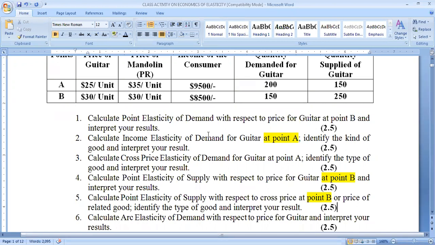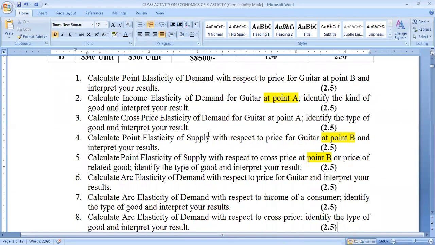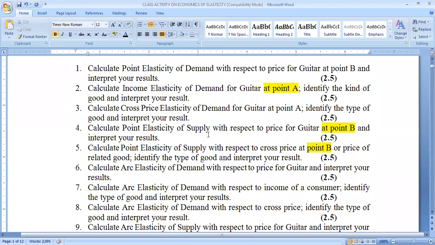So we can find out elasticity over 2 to 3 points or maybe 4 points. Let me read question number 6 to develop our understanding about arc elasticity. From question 6 to question 10, we have the concept of arc elasticity of demand and arc elasticity of supply.